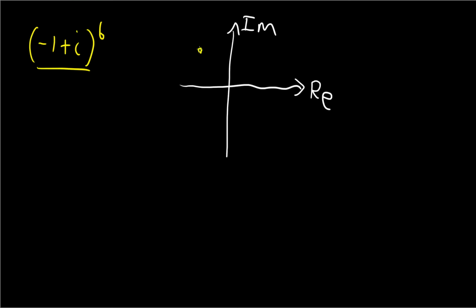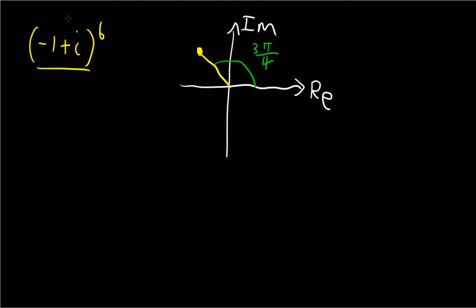It's going to come up about like this, which is at a 45-degree angle from the imaginary axis. Which means if you convert to an angle, that's about 3 pi over 4.